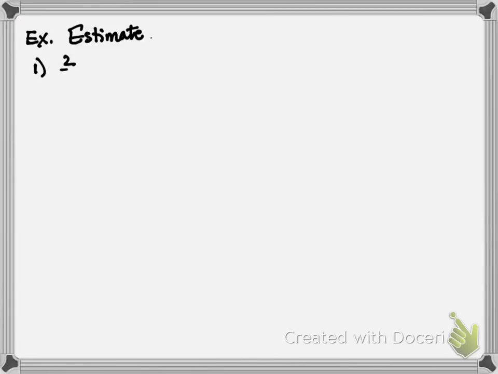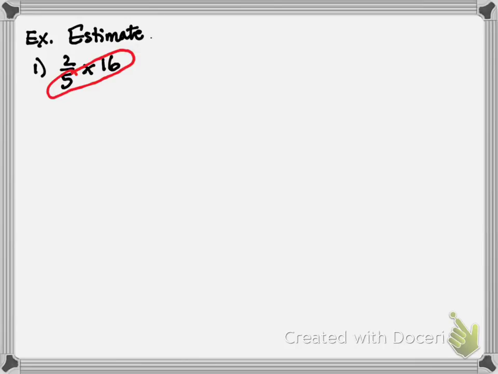So we're going to change it up, not just have a 1 in the numerator, we're going to have a 2 this time, and we want to multiply it by 16. So regardless of whether I want to do the model or not, I still have to come up with a compatible number. So what I'm looking for is, what's a number that 5 can go into that's close to 16?